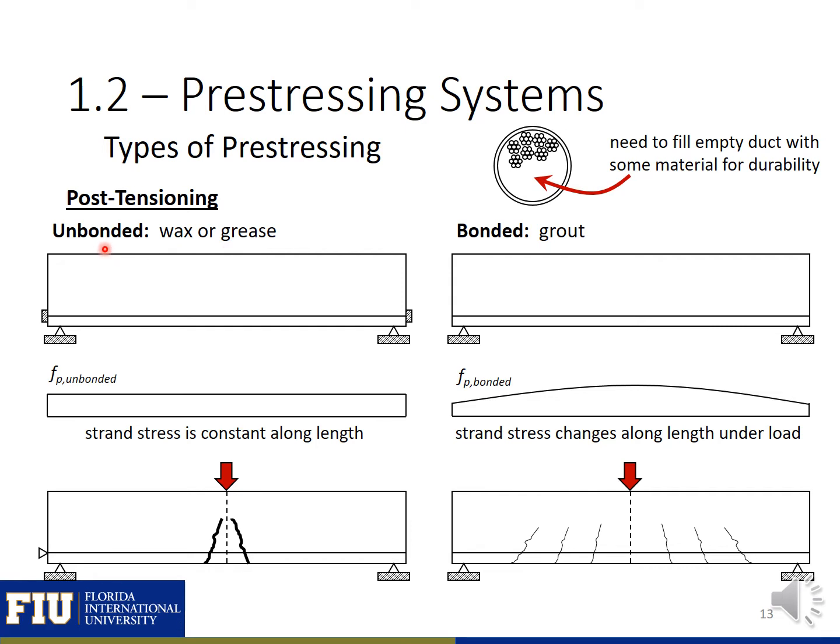In an unbonded post-tension structure, as you apply a load, the stress in the pre-stressing strand is going to evenly distribute throughout the strand length, because the only point of transfer of stress between the strand and the concrete is at the ends of the beam, at the anchorage devices.